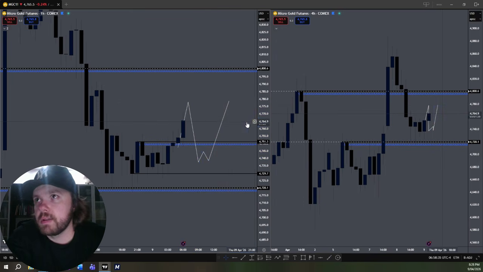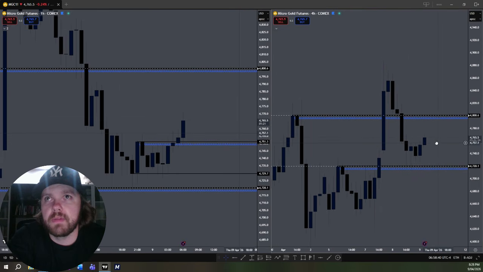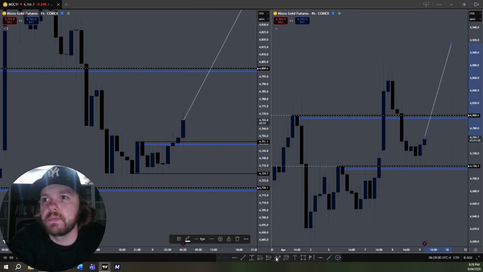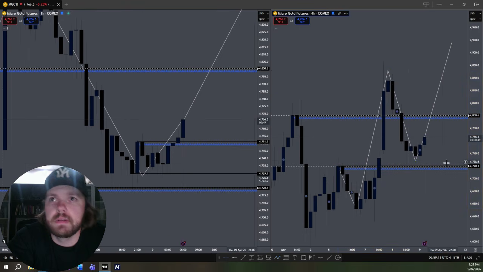But if we look at the 4 hour time frame, we can see price has made a higher high here, and it's made a higher low here. So technically, and it might not, but it's a possibility, price should come and make another higher high. Because what have we got here? A high, a low, a higher high, a higher low, and making a higher high.